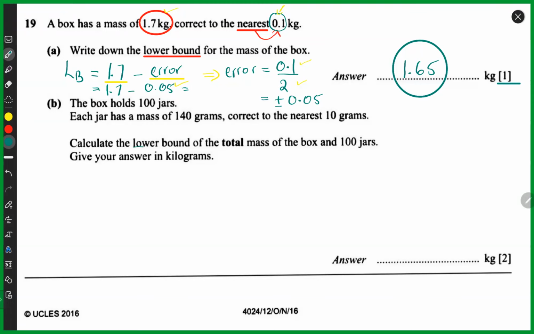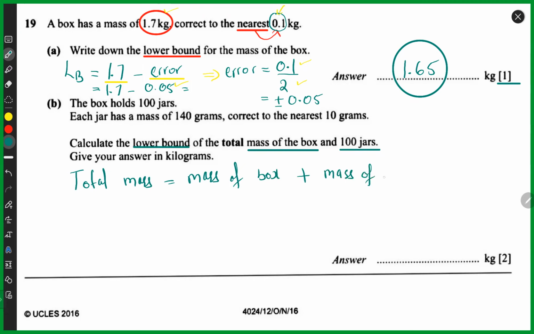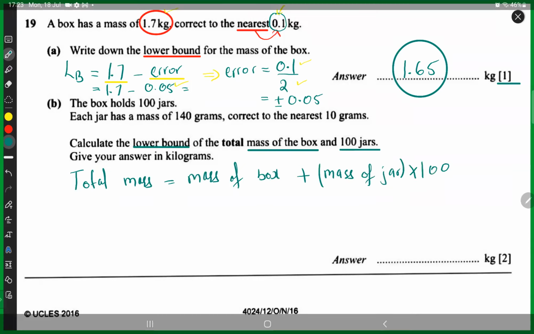So lower bound of the mass of the box plus the mass of 100 jars. Total mass would come by writing down mass of the box plus mass of jar, and this thing would be multiplied by 100.